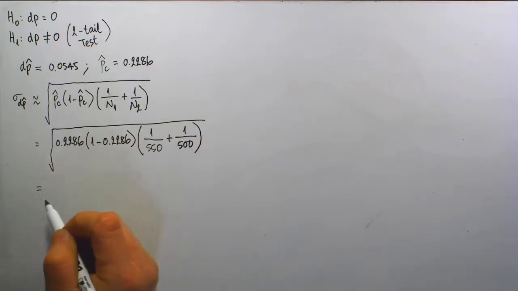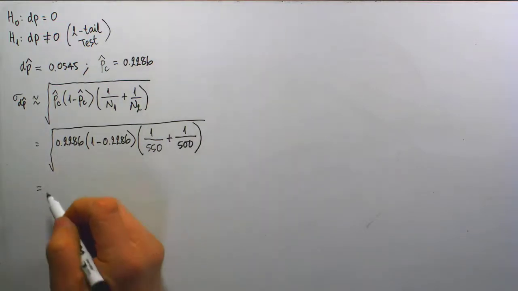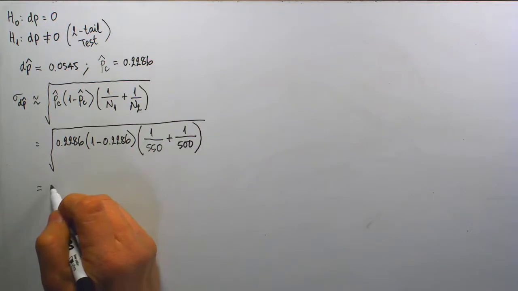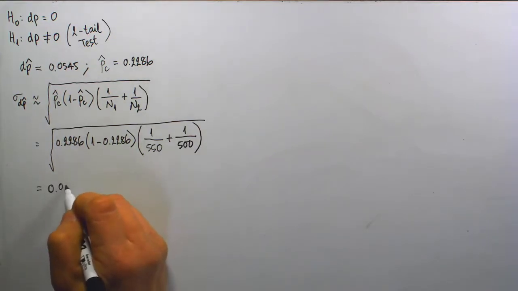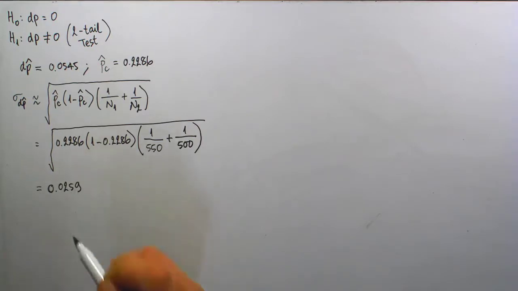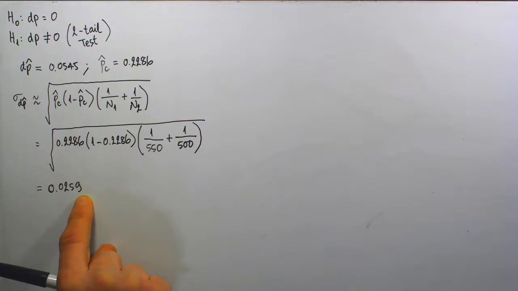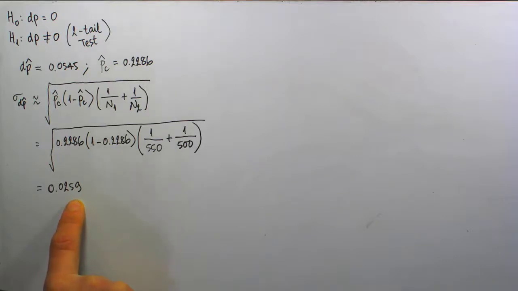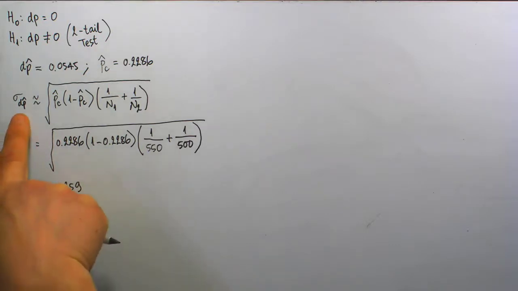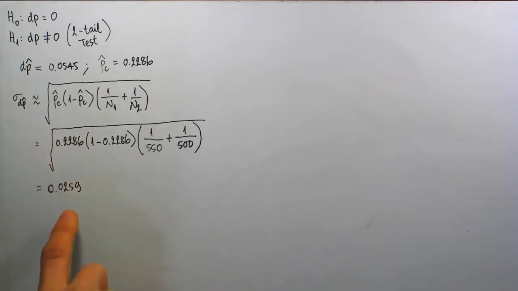My calculation came out for this approximate of sigma dp hat being 0.0259. The actual calculation came out a lot longer, but in this video lesson, allow me to use 4 decimal places. But be sure to watch out for your own rounding requirements when it comes to sigma dp hat in any of your testing hypothesis problems.